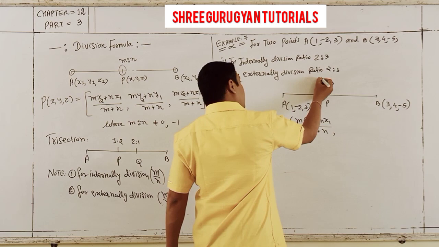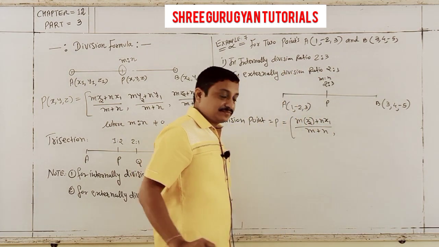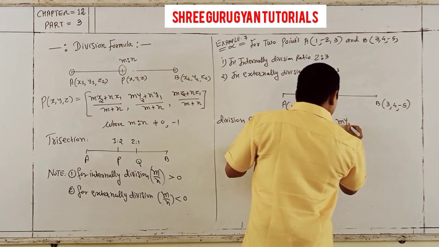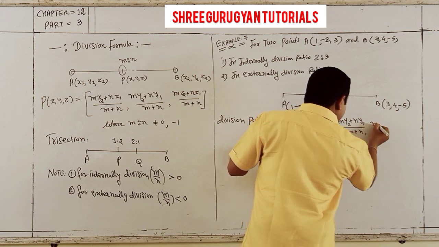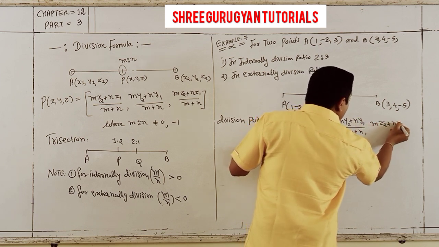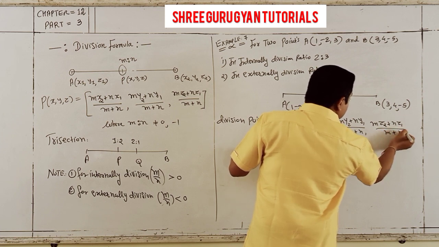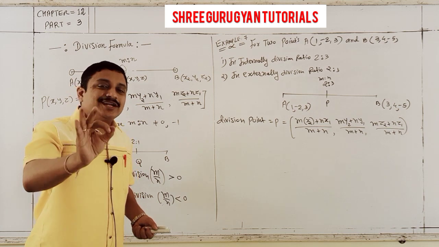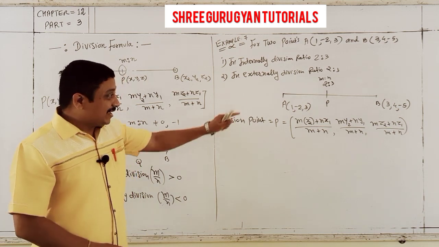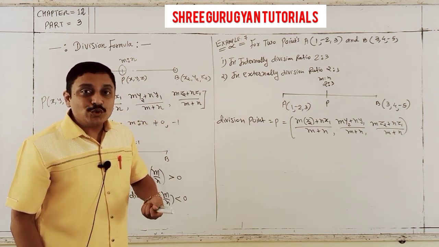This considers your m:n, students. my2 plus ny1, the same, mz2 plus nz1, and m plus n, the same. It is very easy. A point is x1, y1, z1, and B is x2, y2, z2.